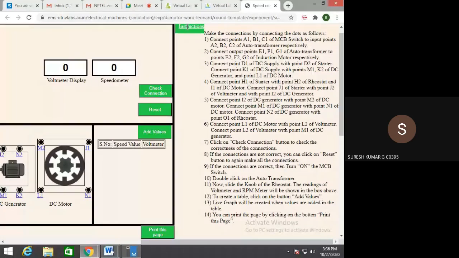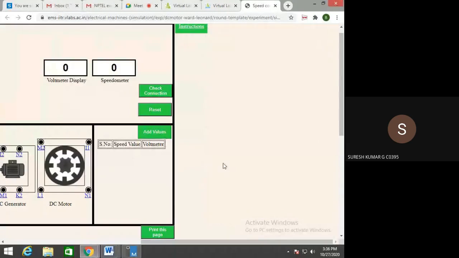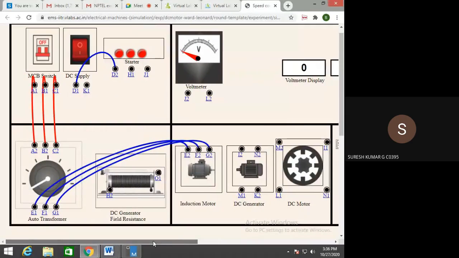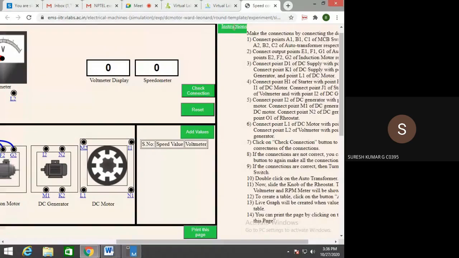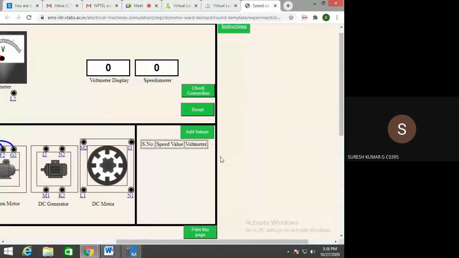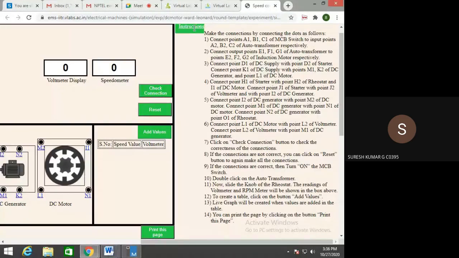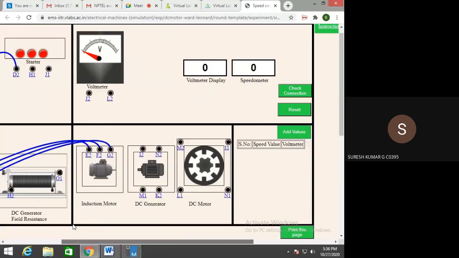K1 of the DC supply with point M1. K1 to M1.